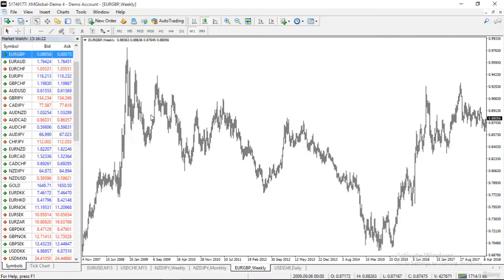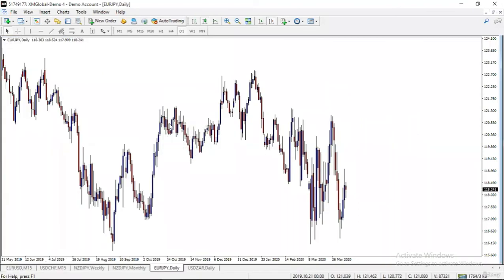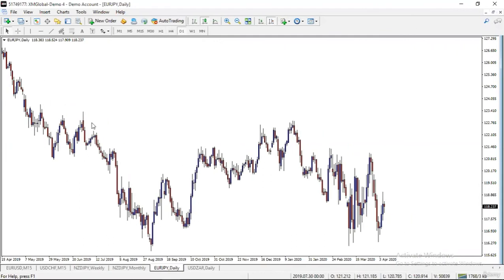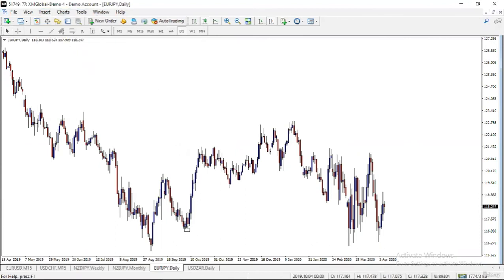Okay, this is Euro JPY. Let's say you had seen this in an uptrend, mark this as a support.